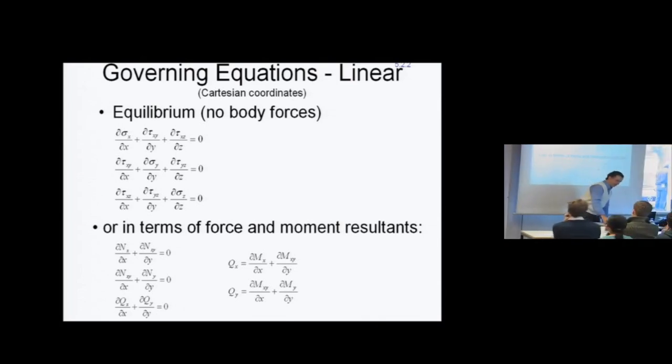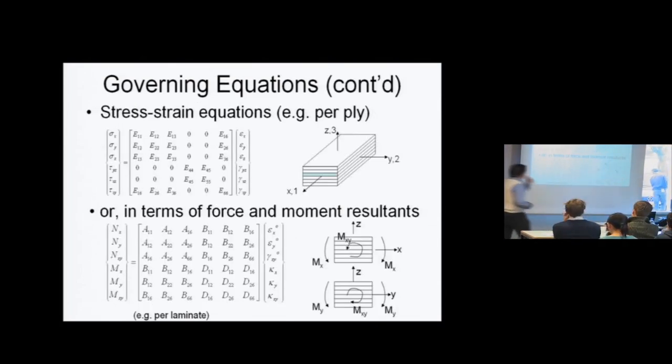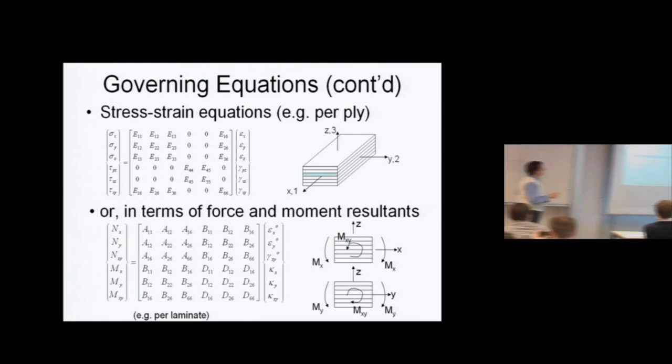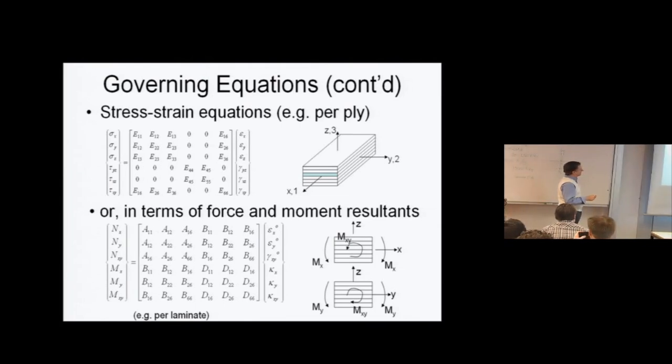Not necessarily both. The stress-strain equations, which for a single ply would look like this, and notice I'm including the out-of-plane. In this case, I'm not integrating through the thickness. Or if I do it now for a two-dimensional case with integrating these through the thickness, I will have my standard classical laminated plate theory ABD matrix relating strains to forces and curvatures to moments.